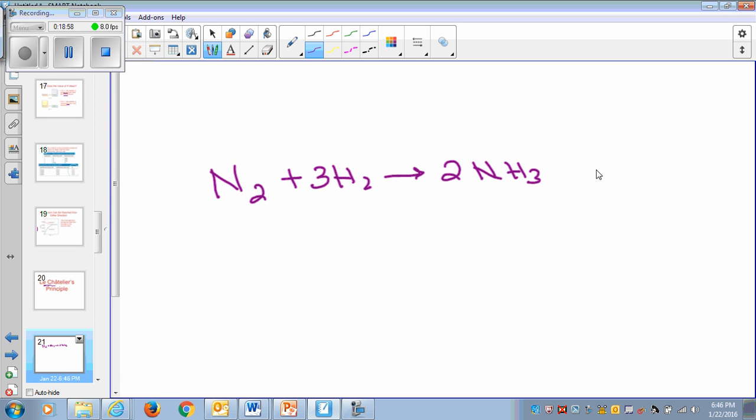So assume it is an endothermic chemical reaction. It means it has 170 kilojoules right here. Actually, hold on one second. Let me erase it.